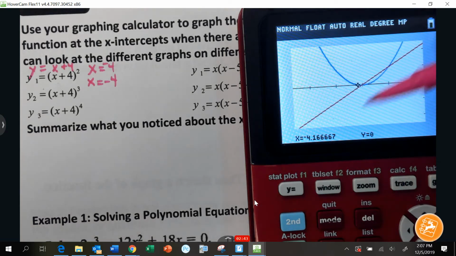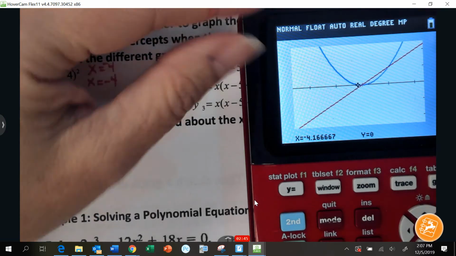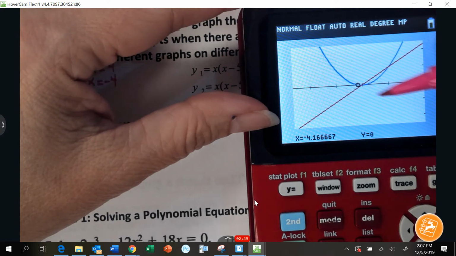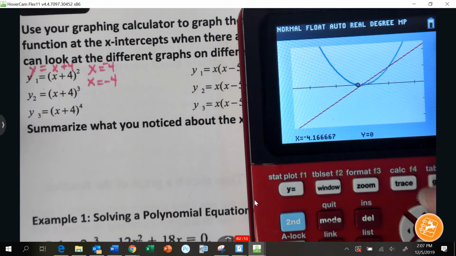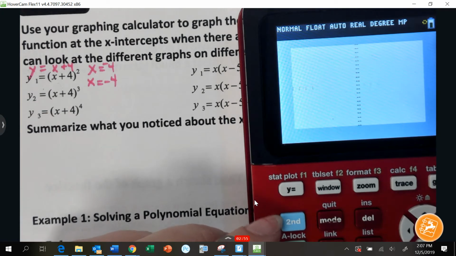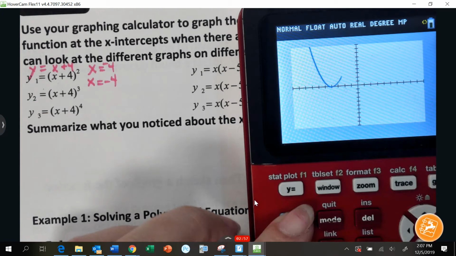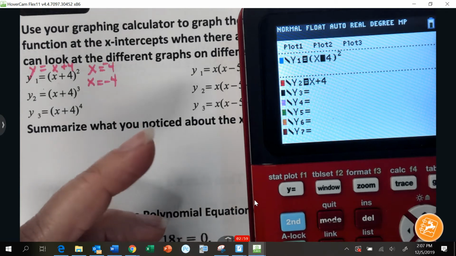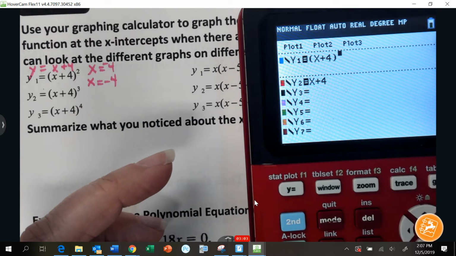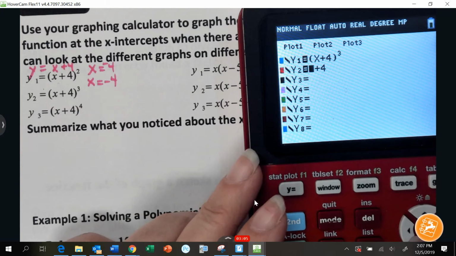It's linear. If I look at the blue, at -4, it's a parabola. Okay, so now we're going to change it to cubic. All I'm going to do is go up to that power. I'm not going to retype it all. Go up to that power and change it to 3.